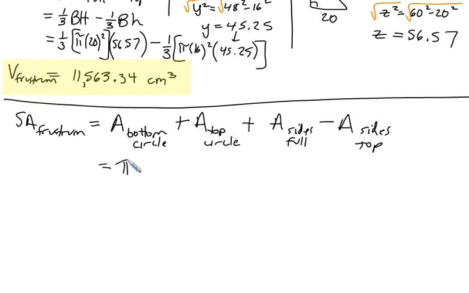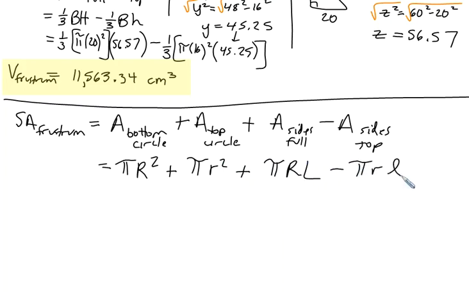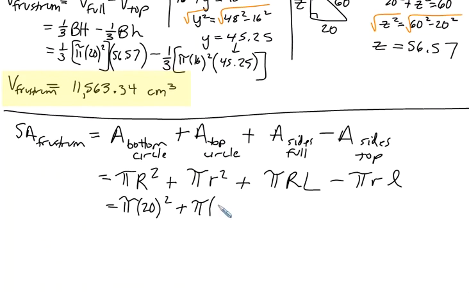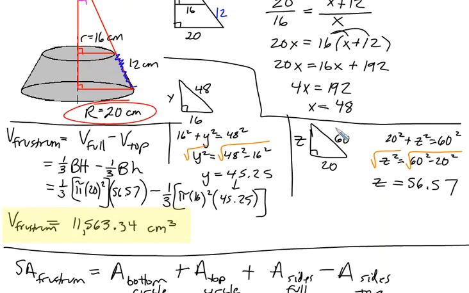And now let's plug things in. The bottom circle is pi r squared. The top circle is pi r squared, where it's the smaller radius. The sides of the full cone would be pi times the large radius times the large slant. And the area of the top would be pi times the smaller radius times the smaller slant. As we plug things in, our larger radius was 20 and our smaller radius, as we scroll back up, was 16. The larger slant was 60.